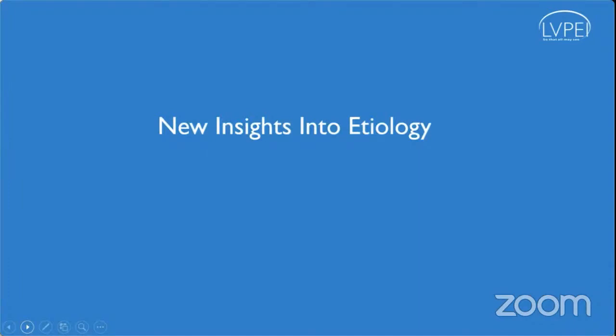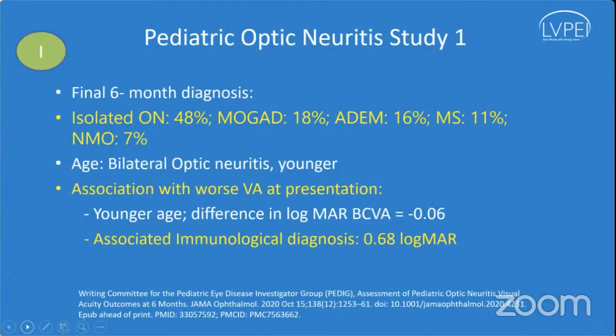Coming to the current understanding of etiology, a lot has been understood over the last decade, that a lot of patients in pediatric optic neuritis could be either MS or MOG-associated optic neuritis. This study by the PD group showed that in nearly 50% of patients, an underlying neuroinflammatory disorder was the final etiology. In descending order of frequency, it was MOG-associated optic neuritis, TED, multiple sclerosis, and NMO.